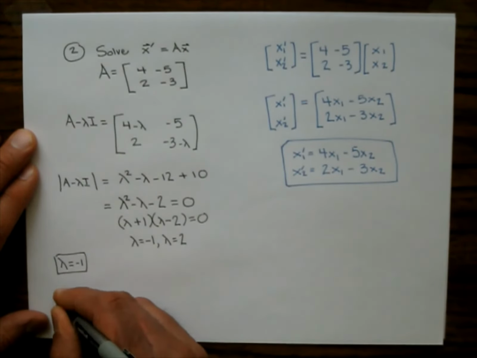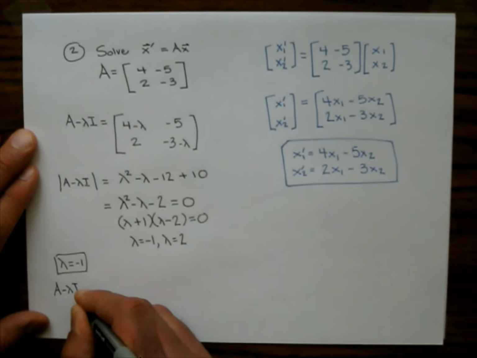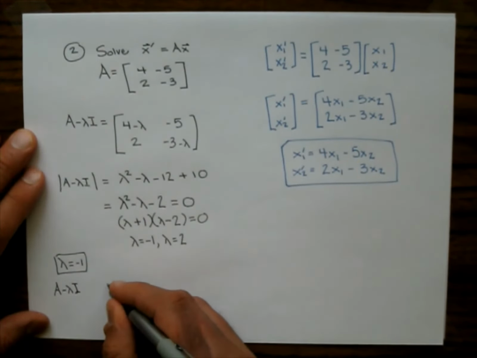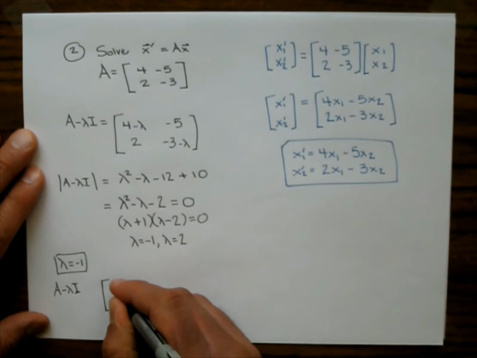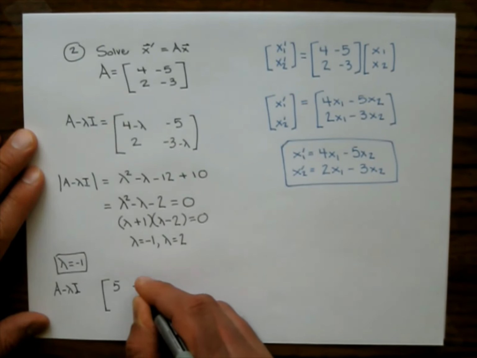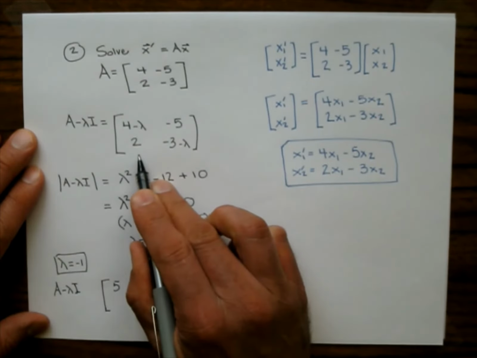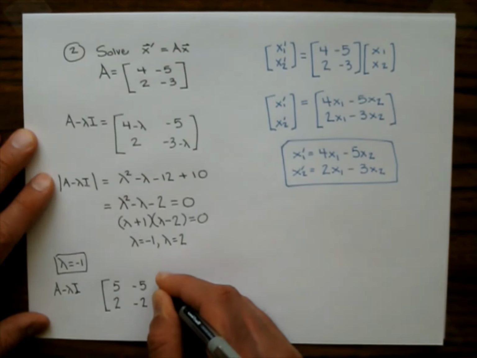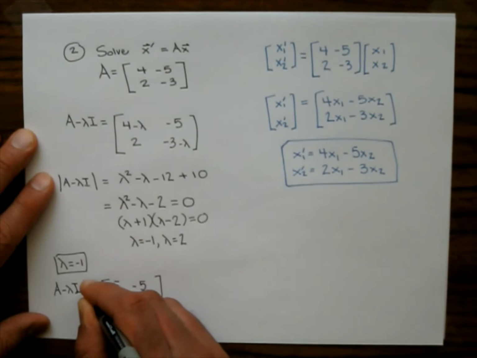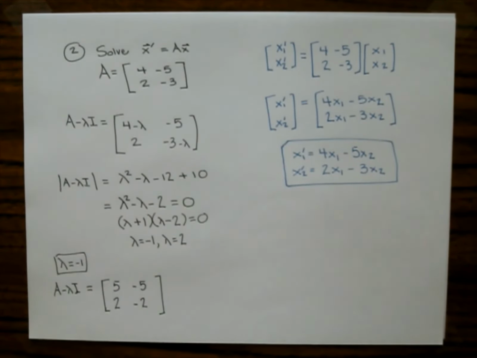I plug that into the A minus lambda I matrix that I have right there, and I end up getting 4 minus a -1, so I have 5, -5, and then 2, -2. And what am I trying to do with this matrix here? I'm actually trying to find the null space of that matrix.